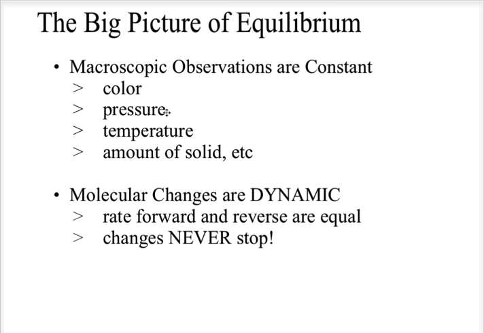We can use a pressure probe or a temperature probe to monitor those two variables, or we can look at the amount of solid that is present in a container to know whether it's increasing or decreasing or staying the same. Things that stay the same or are constant would be one sign that the system's at equilibrium.